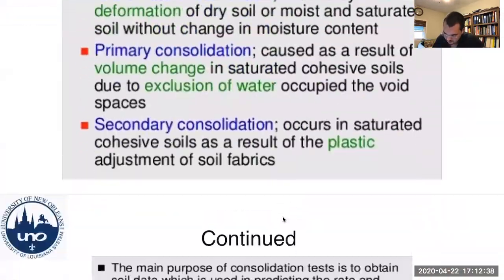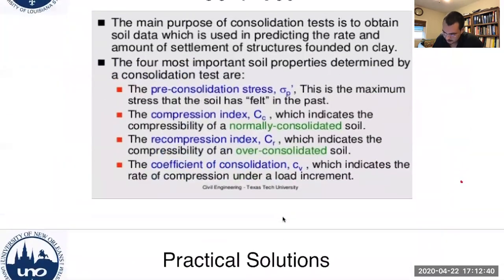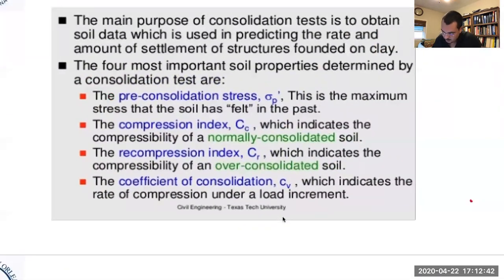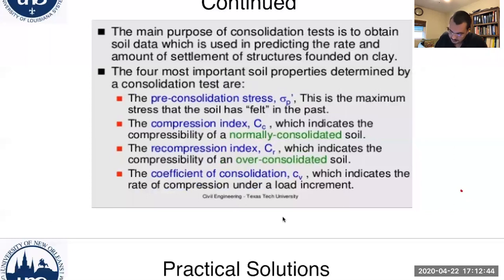I don't have a slide for that, but when we say normally consolidated soils, so NC soils, what we mean is a soil that has never experienced a vertical effective stress that was greater than the present vertical effective stress.